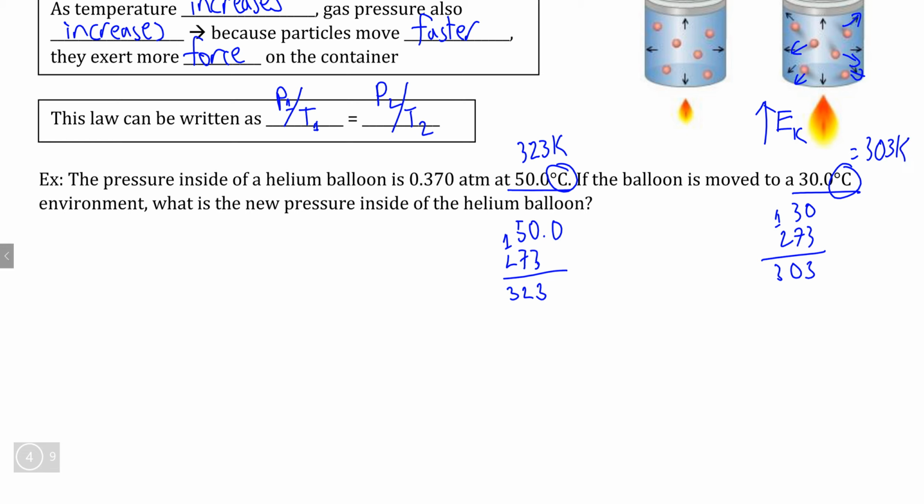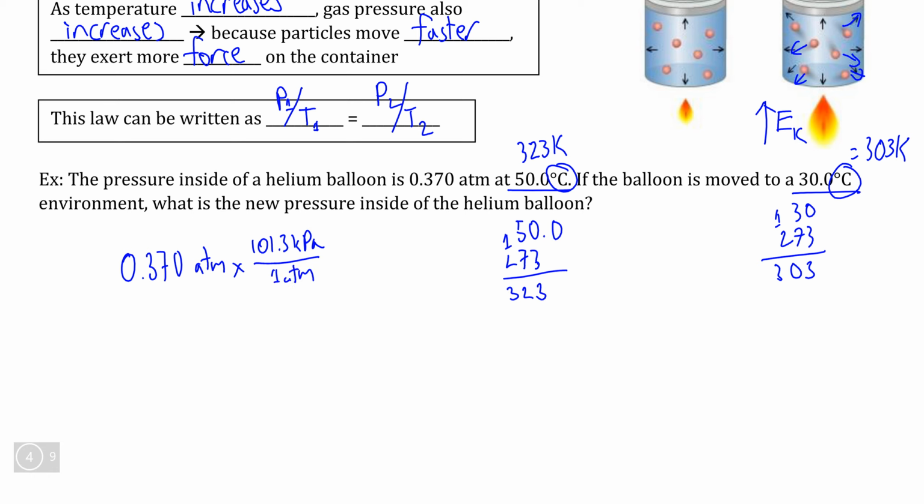So if we list the initial pressure conditions of our gas, that would be 0.370 atmospheres, or 37% of atmospheric pressure. Since we want to use the SI units of kilopascals, we know that 1 atmosphere is equal to 101.3 kilopascals.